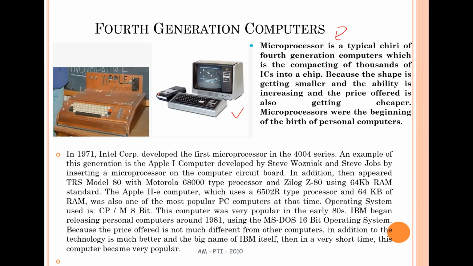The microprocessor here is built from 1,000 IC chips, and because of that, the size is getting smaller. And this is really helpful when we do mobility itself. It's easier to move around with this shape, with this size, rather than the previous size.